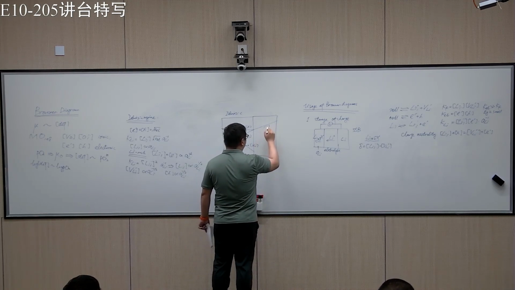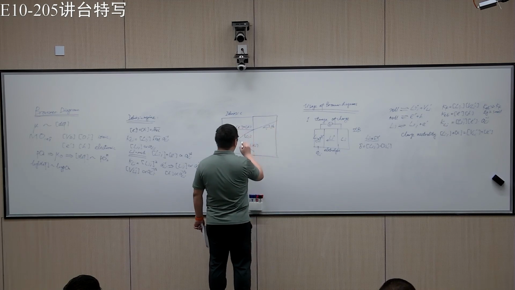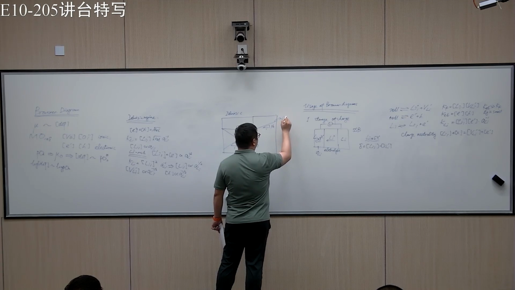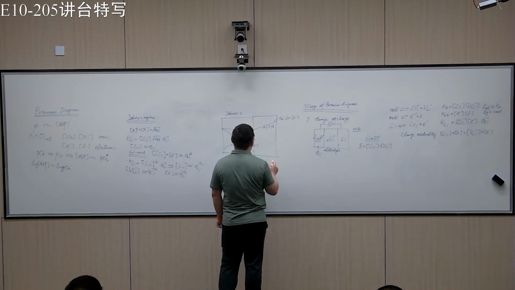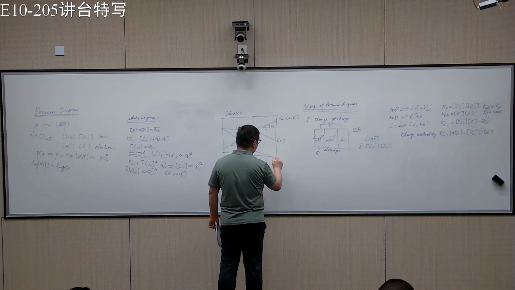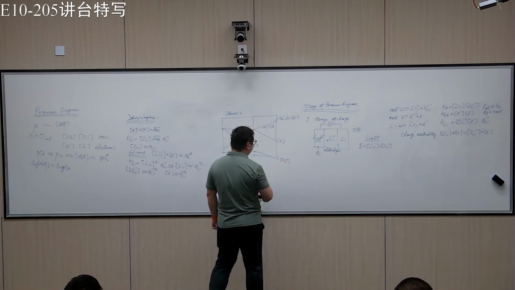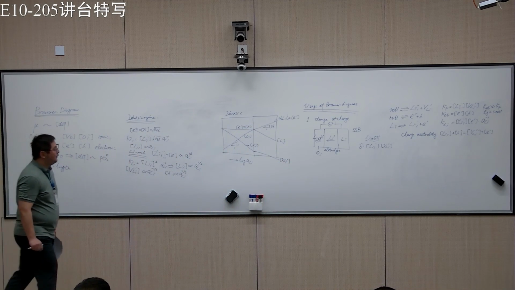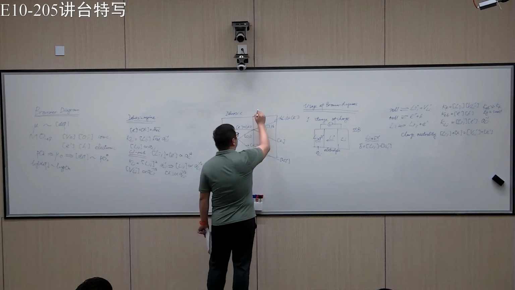Now it's 1/2, and this is 1. So we have these interstitials the same as electrons, and the holes should be this one. And this is the vacancy. So this is lithium rich.